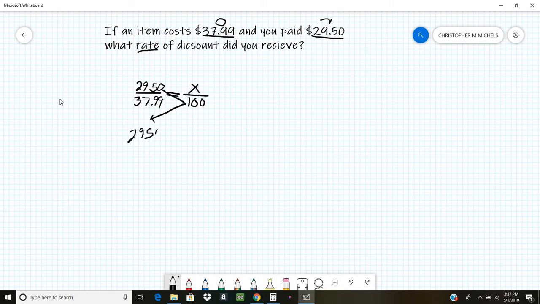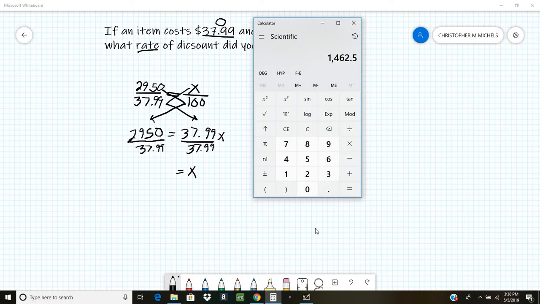That gives me 2,950. We do X times 37.99, so that gives me 37.99x. Divide both sides by 37.99, so we're left with X. Let's see what that division gives us. Hopefully it's a friendly number.